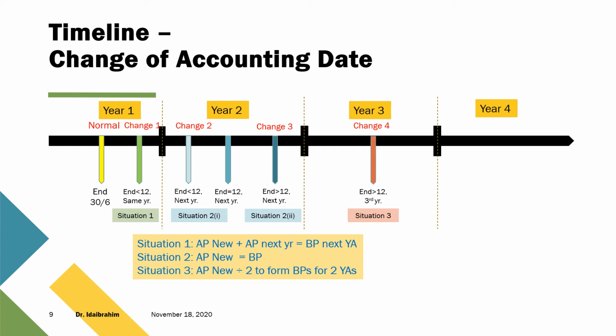When company want to change the accounting date, probable situation I divided into 3 also, same as the commencement, where the new accounts close in the same year, or the new account close somewhere next year, like here or here or here, or probably end of the year, or the account may be closed in the third year, like this.